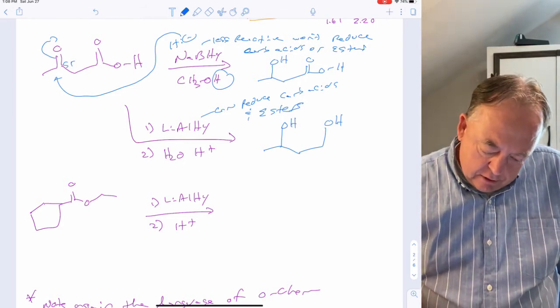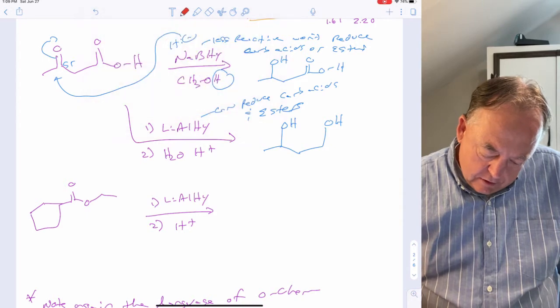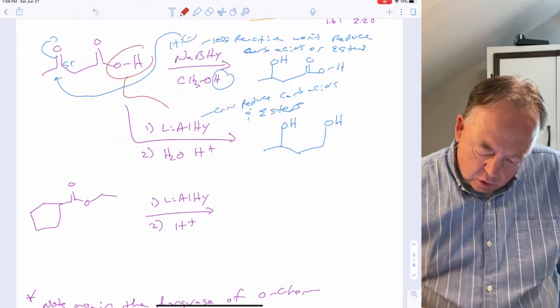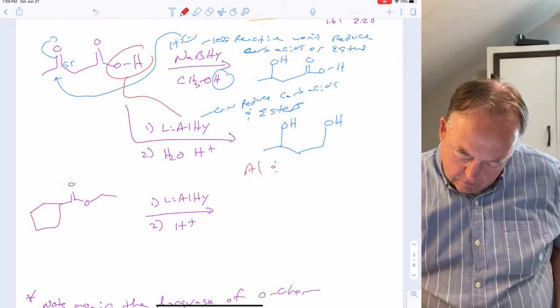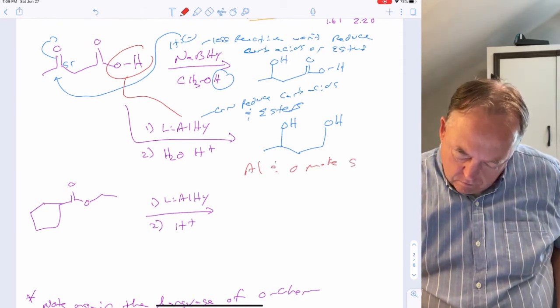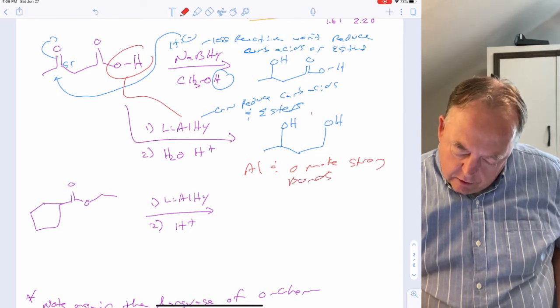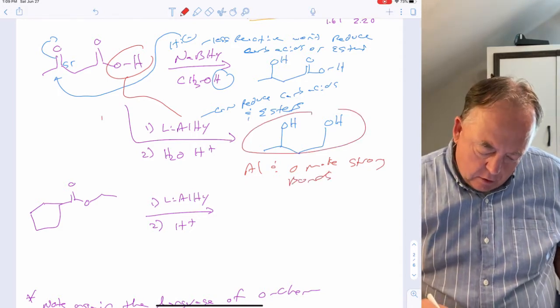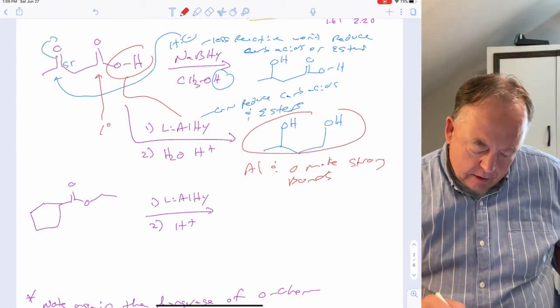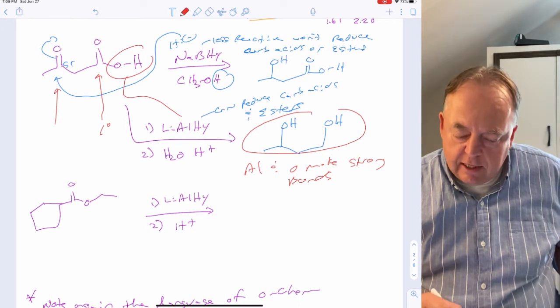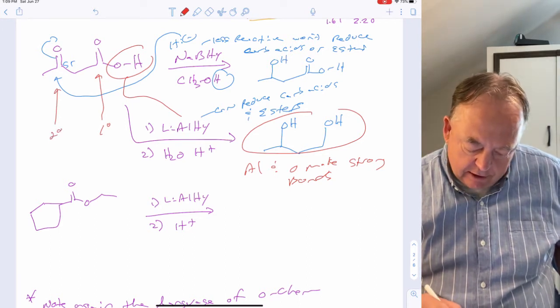And the oxygen, the OH, will come off bonded to aluminum. Okay, so the point is, that alcohol, since that carbon only has one carbon attached to it, will become a primary alcohol. And that carbon, since it has two carbons attached to it, will become a secondary alcohol.